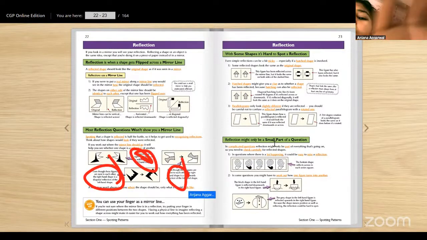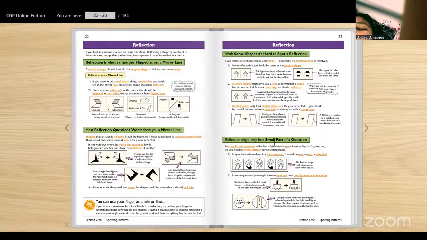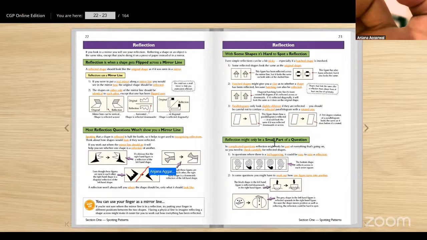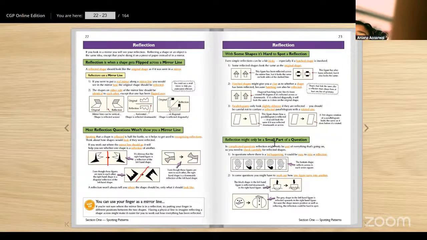If the shape is, so, this is going to be diagonal. This is going to be straight, obviously, and the next one is going to be straight.